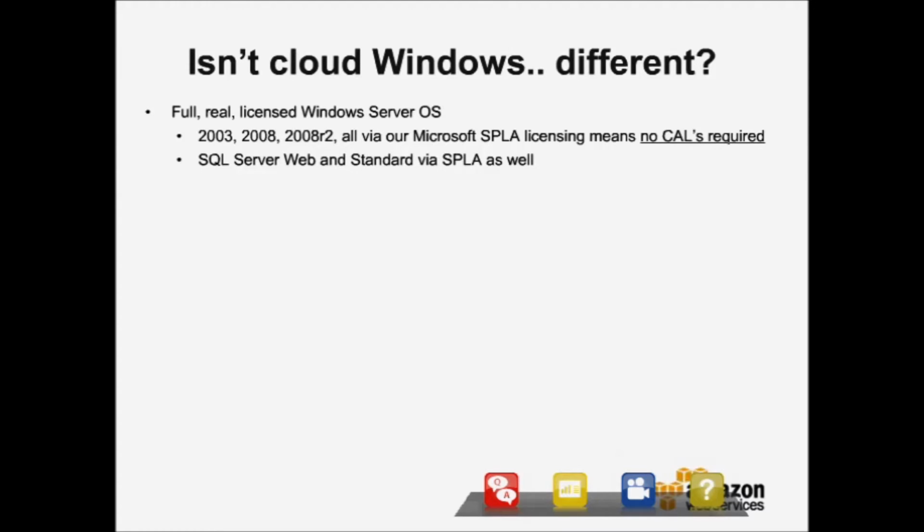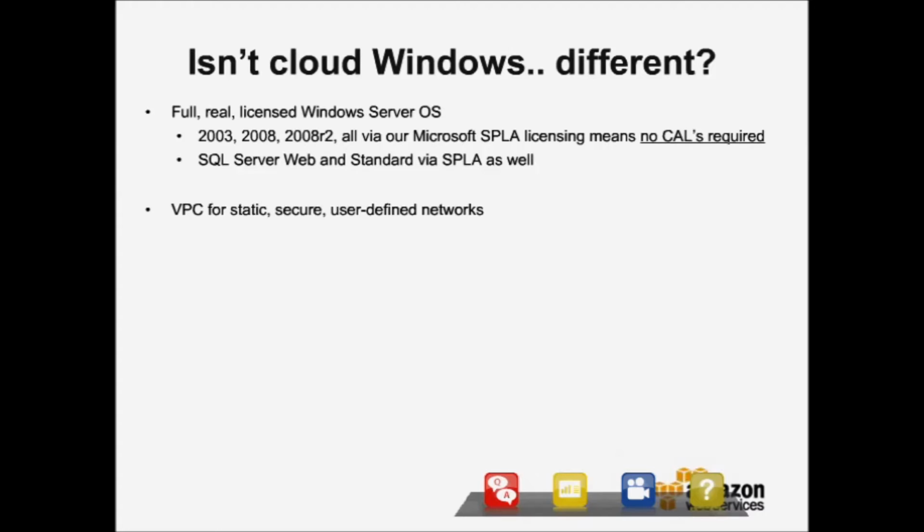We're using real, full, licensed Windows Server operating systems. We're licensed under the Microsoft SPLA program, so you don't need any CAL, and that means you also have access to a different product SKU for SQL Server called SQL Server Web, which we'll talk about in a bit. We've also made it so that we're available to run Microsoft SQL Server 2012 and Windows Server 2012 just recently.